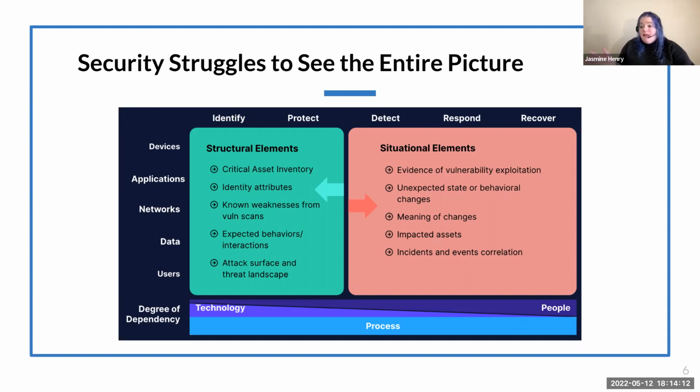So you see the structural data, which is one piece of a much larger picture. Or if you're using something like a SIEM, you're going to get some situational elements where you're able to piece together the events, but it doesn't always have the structural. So I think a huge challenge for security organizations is getting one or the other, but not both types of data.